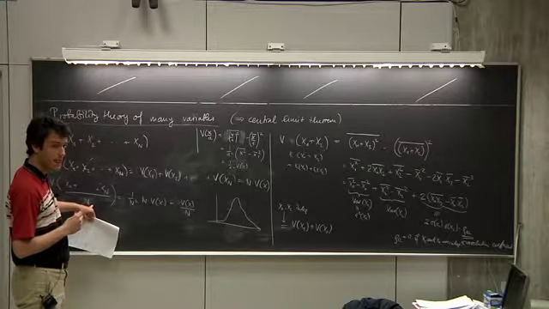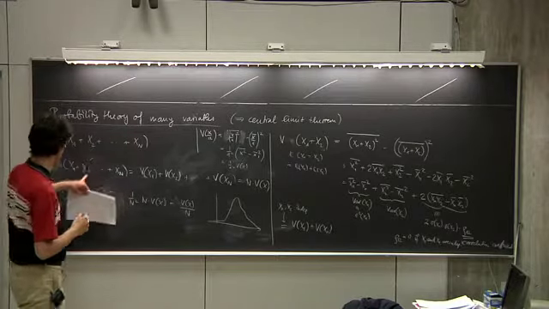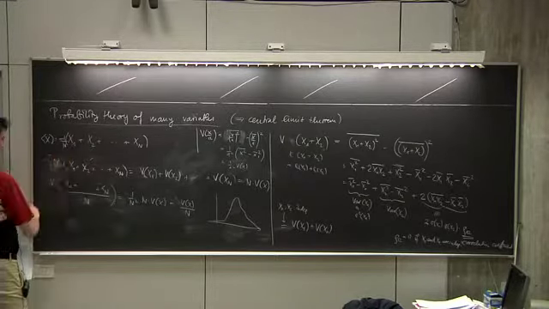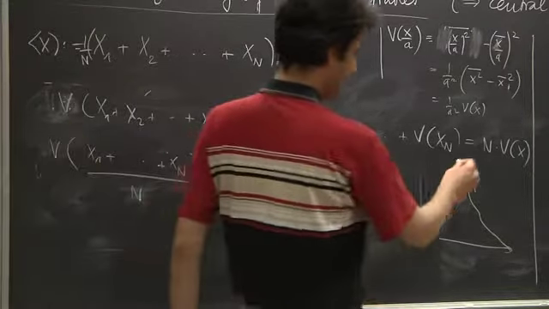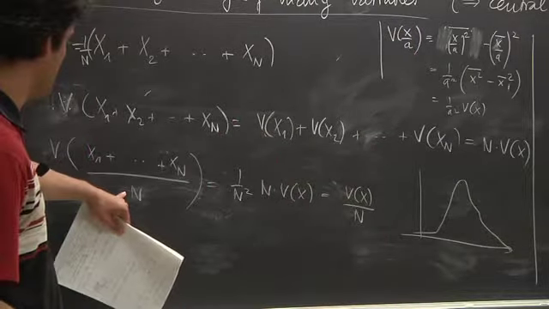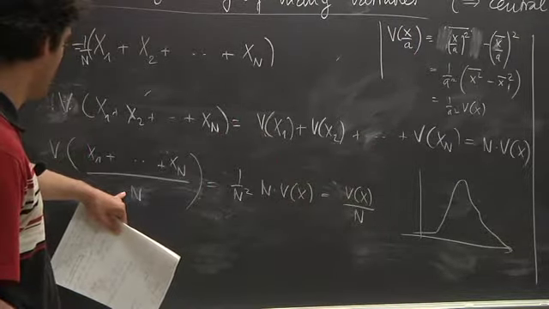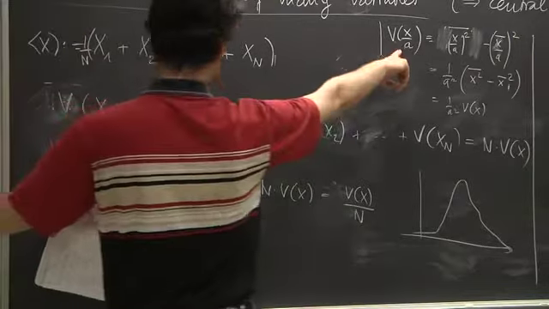Why the first line? Here? Yes, you call this n times vx. Okay, second line, you divide by n. But you should also divide the second number by n. No, so here I'm using this thing, okay?